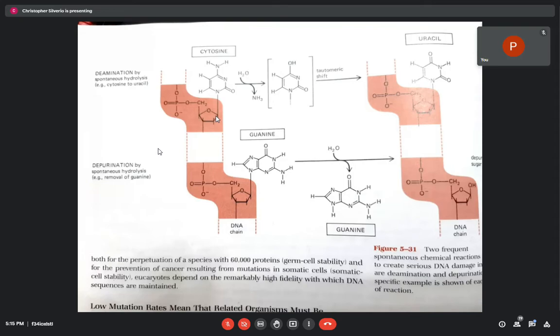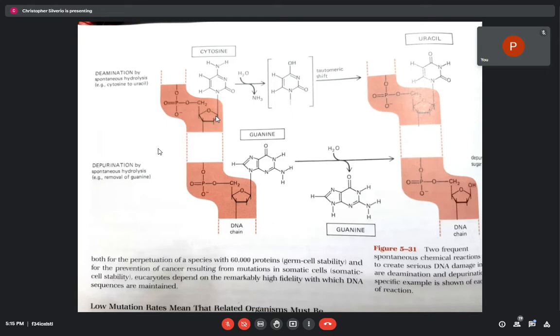Pax, how do you interpret this data? Based on the illustration, it shows that the DNA on one side and there is the change into uracil.